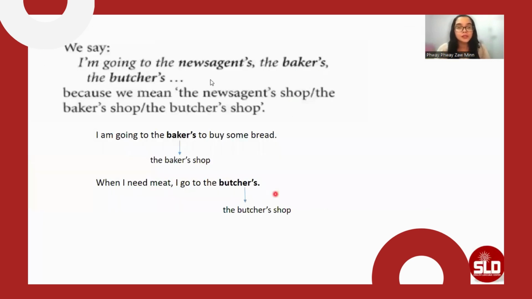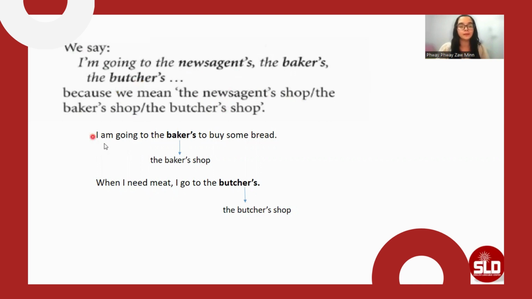Another use of apostrophe s is when we are referring to a shop. Instead of saying the newsagent's shop, the baker's shop, the butcher's shop, you just need to say the newsagent's, the baker's, the butcher's.